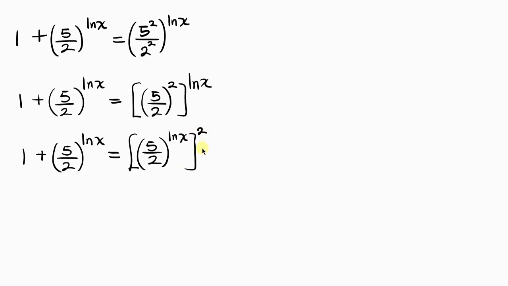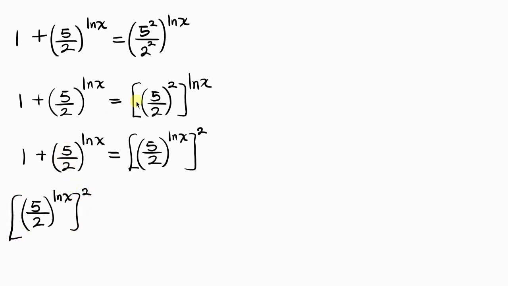So you notice that I have a quadratic expression in what? 5 over 2 to the ln x. Let's go ahead and rearrange this quadratic expression. So this is 5 over 2 to the ln x, and this is raised to a power of 2.